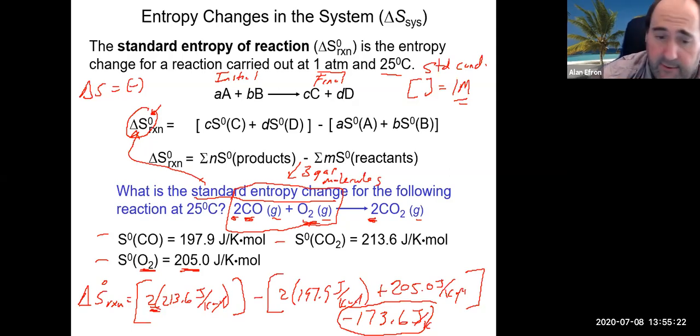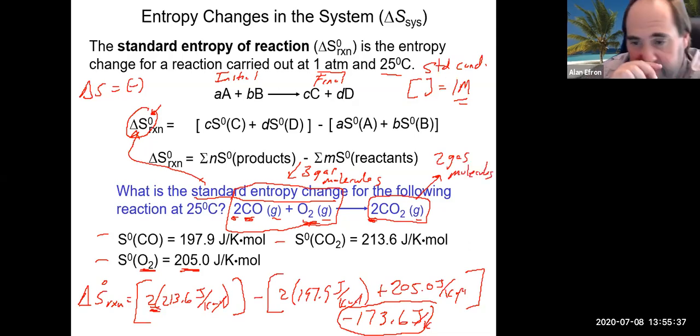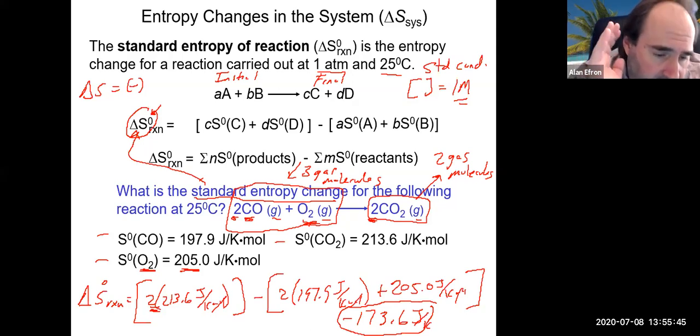Basically 2 COs and 1 O2. On the product side, we actually ended up with 2 gas molecules. And remember that the product side is sort of our final state. The reactant side is our initial state. So we ended up with less gas molecules.